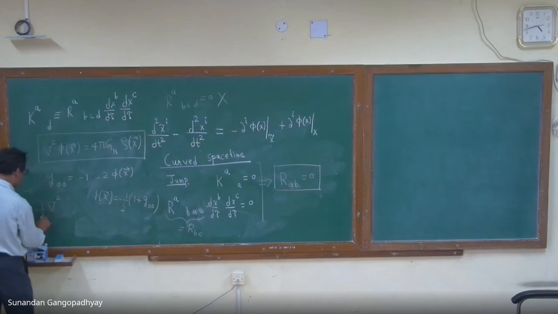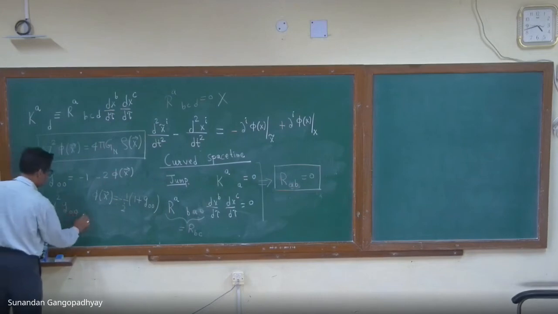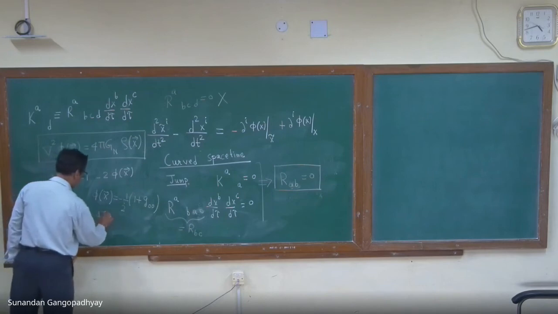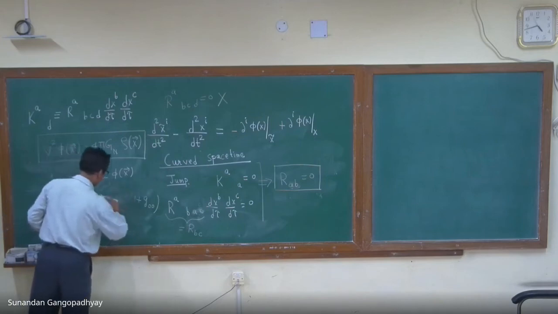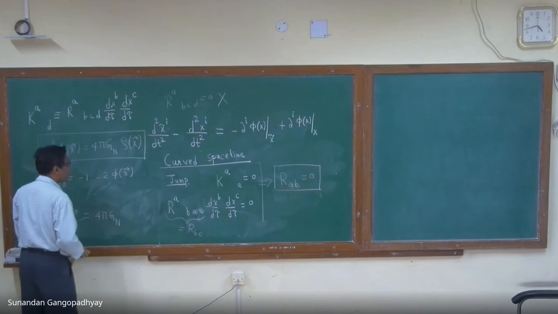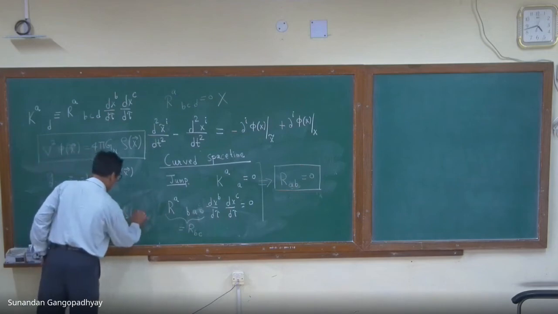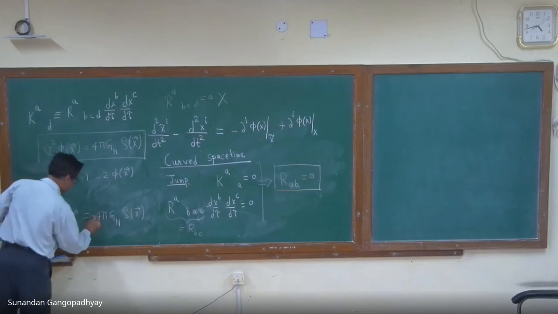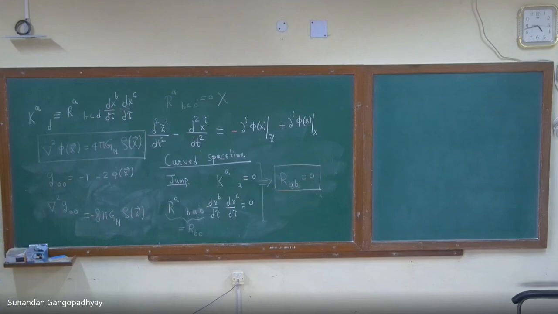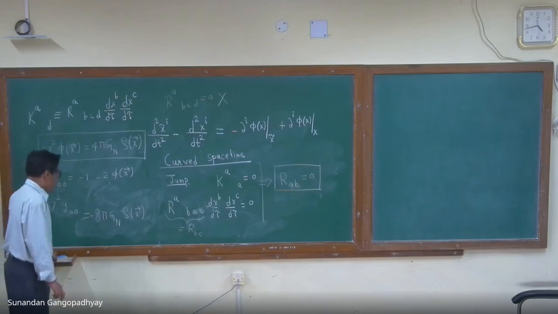So we have minus half Laplacian of g_00 equal to 4 pi G rho of x.